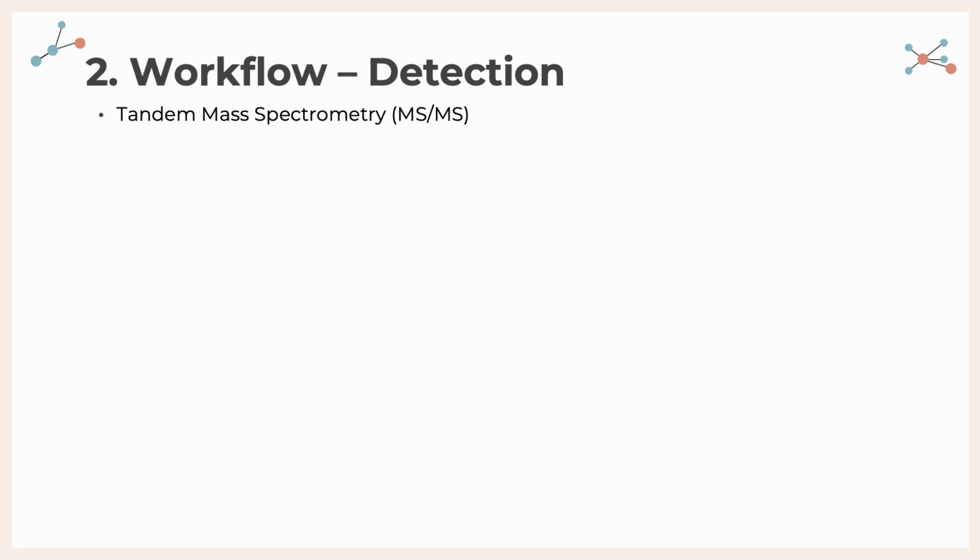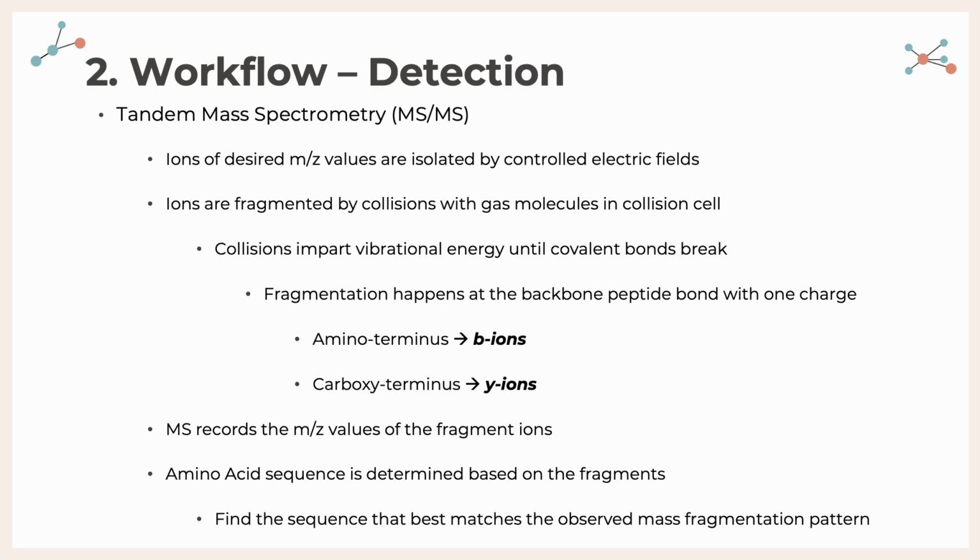That's the first mass spec. For the second mass spec, we take the ions from the first one, we break them up into smaller ions, which we call transitions, and then we analyze those. Hopefully that should clear it up if you're still confused.